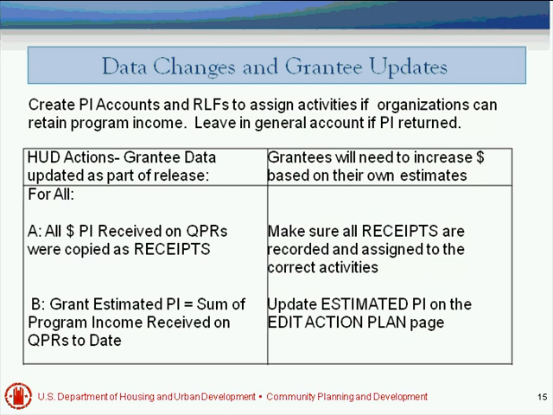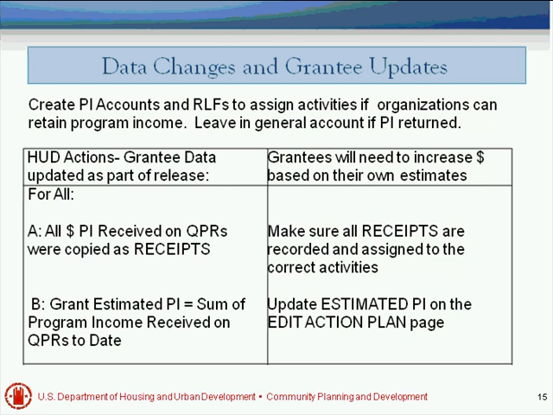In terms of the grant estimated program income, what we did was take a sum of all the program income you received on QPRs to date, and we made the estimated program income amount that shows on the Edit Action Plan page equal that sum. So if your grant is $2 million and you've already received $500,000, we'll have put that $500,000 as the estimated program income on the Edit Action Plan.